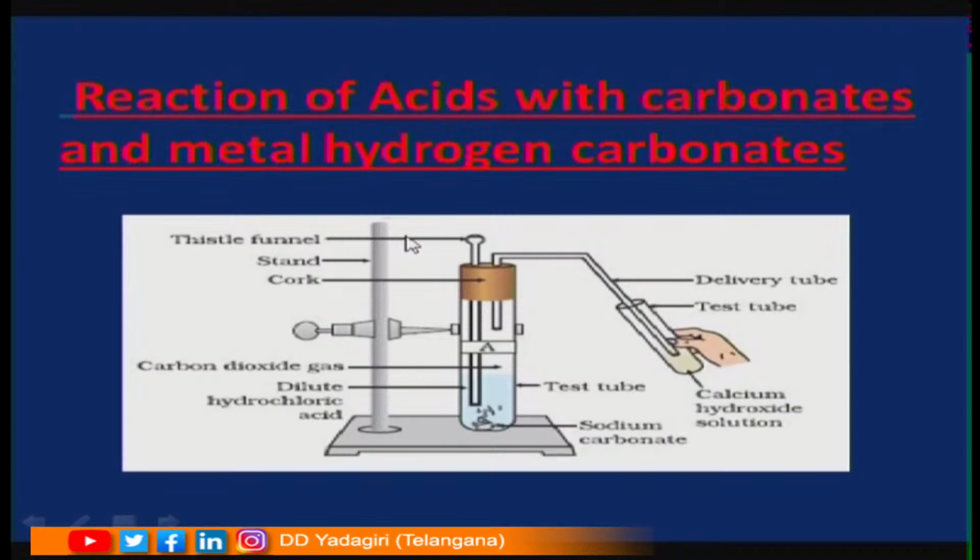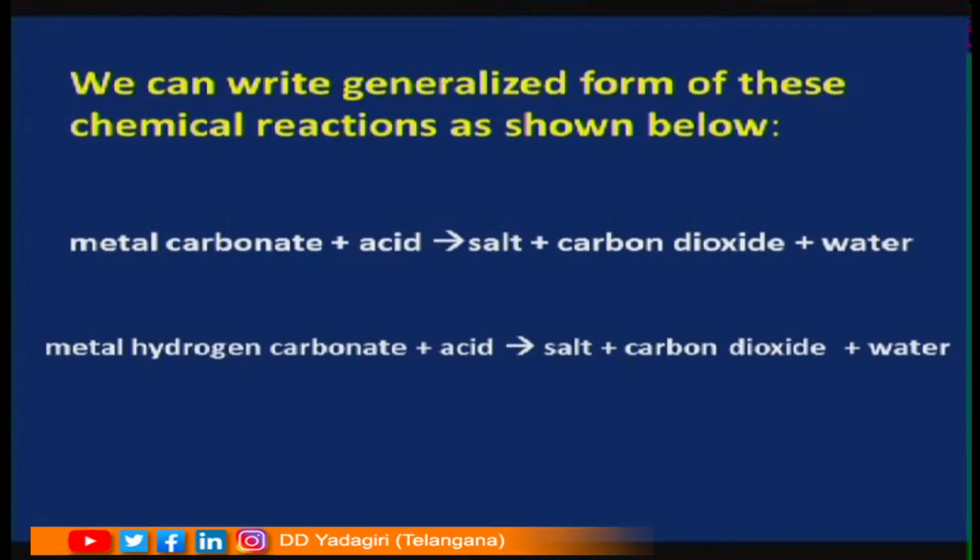Now, children, we have seen a simulation and the experimental setup for it. Now, we will see how we will do it in our labs. Just a small recap. We will arrange our experimental setup in our lab like this. Whenever an acid reacts with metal carbonates and metal bicarbonates, you will always get the evolution of carbon dioxide gas. Generally, whenever metal carbonates react with acids, you will get carbon dioxide gas along with the formation of salt and water.